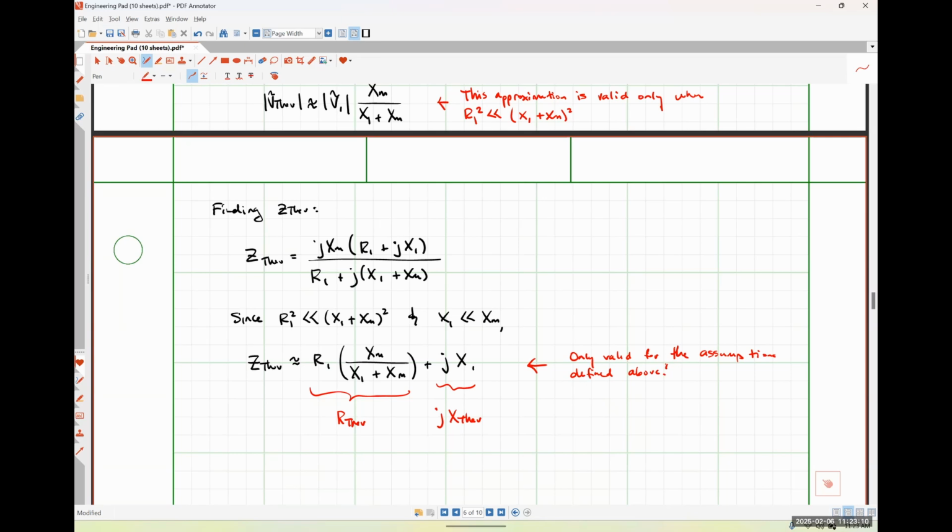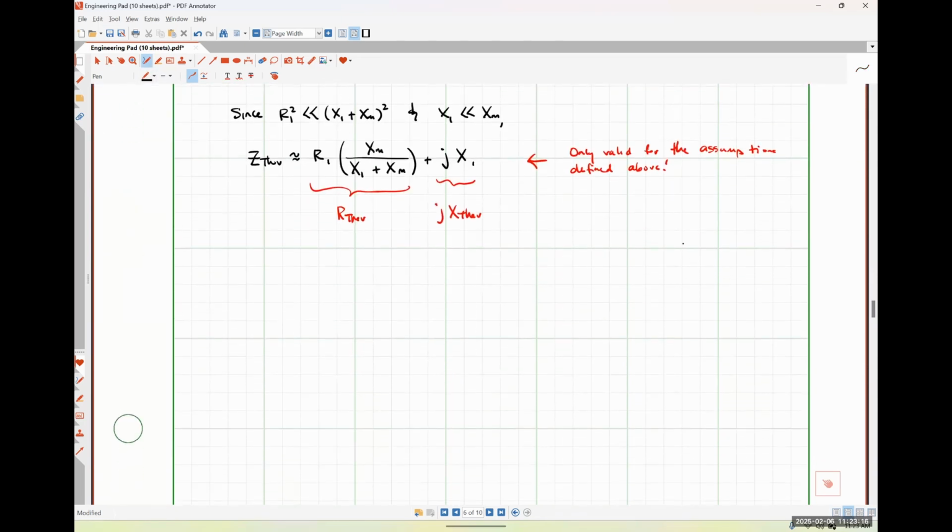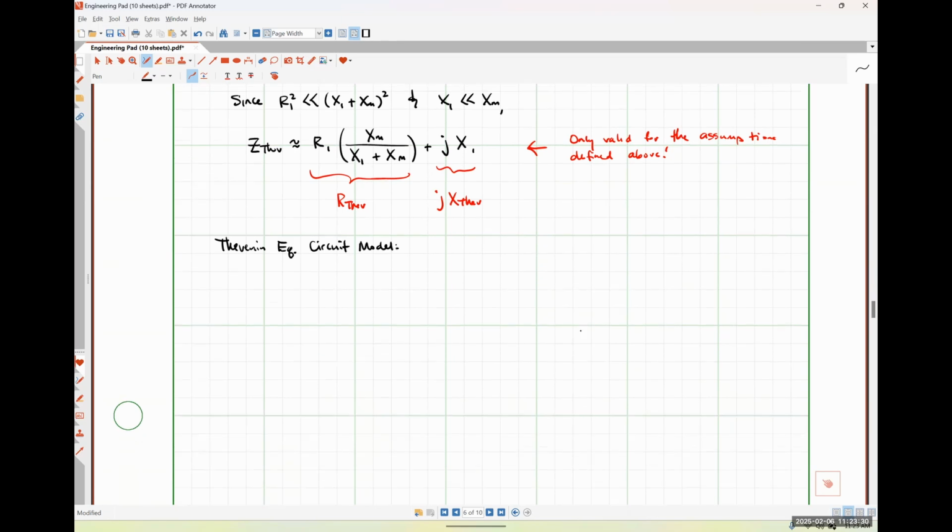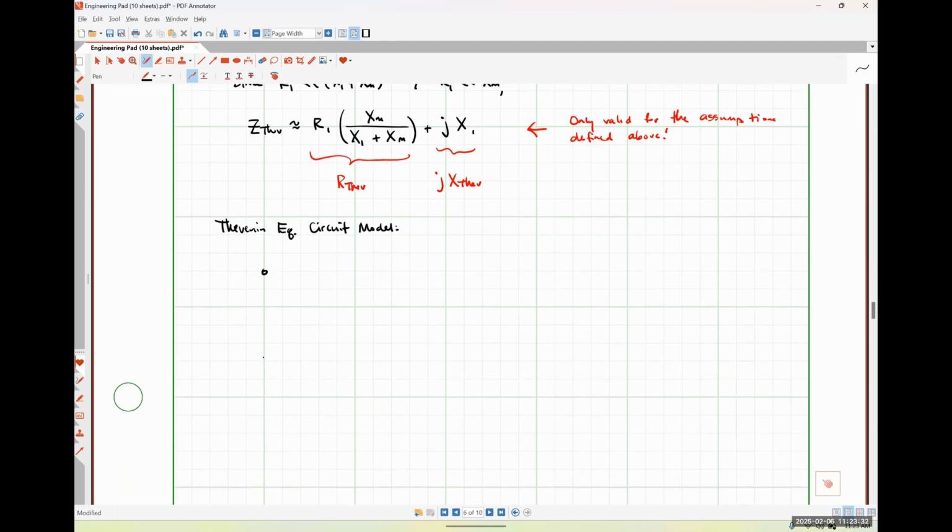So putting these things together, the Thevenin equivalent circuit model is simply, here's our Thevenin voltage.